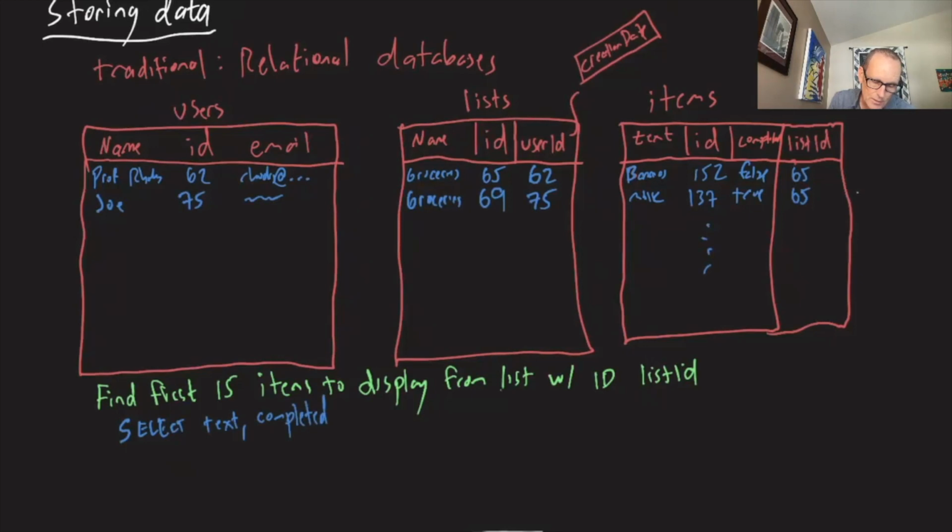Maybe we'll need the ID too if we want to actually do anything to it. So we'll select this from items. And then again, where list ID equals, let's call this one my list ID.